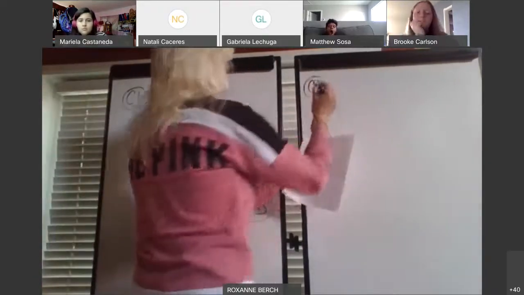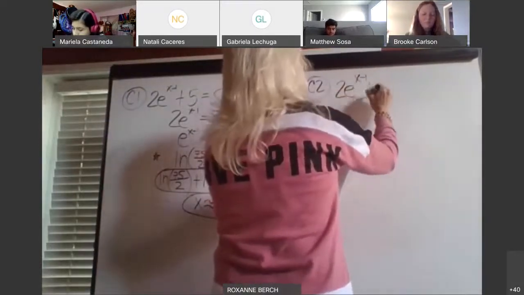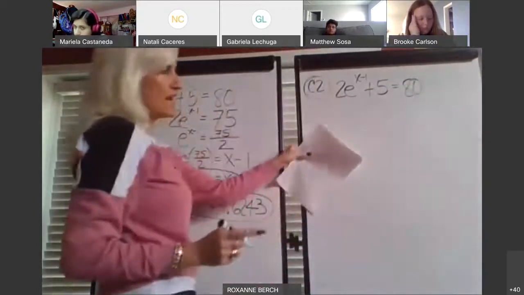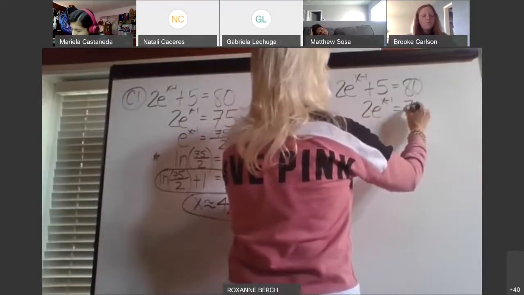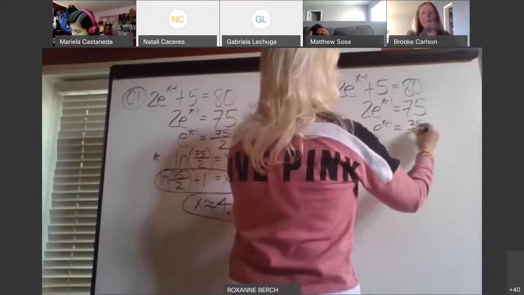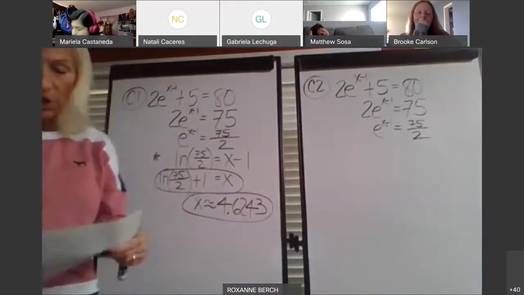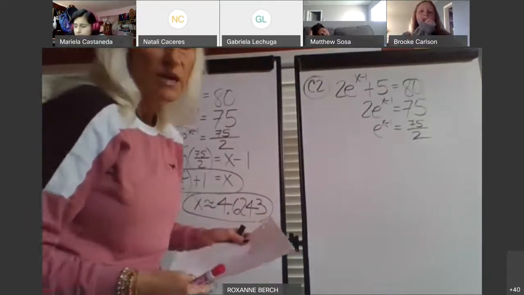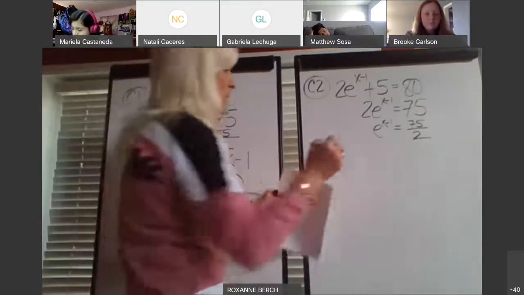In C2, the same problem, 2e to the x minus 1 plus 5 equals 80. I'm going to isolate it the same way. 2e to the x minus 1 equals 75, divide by 2. Okay, now I'm going to use my pink marker, see how this goes. And what kind of a log are we going to take to both sides? We're going to take a log base e, which is natural log, right?